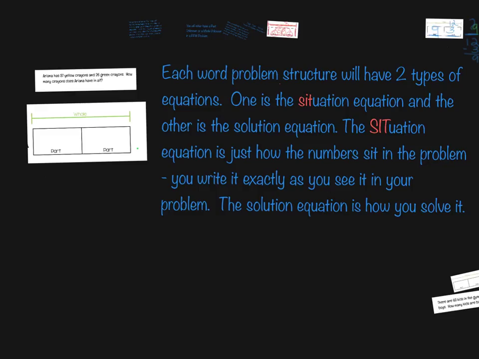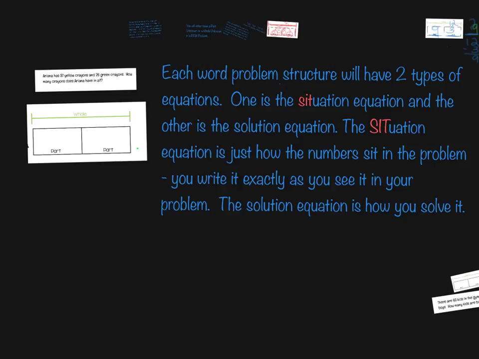There are two types of really important equations that you're going to have to know for each of your word problem structures. Each of them has two types of equations. One is the situation equation, and the other is the solution equation.